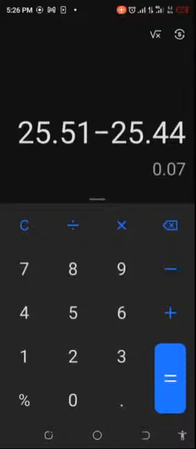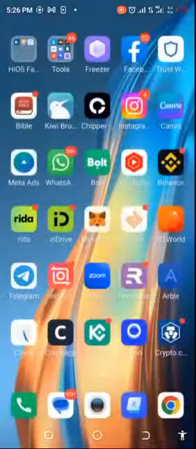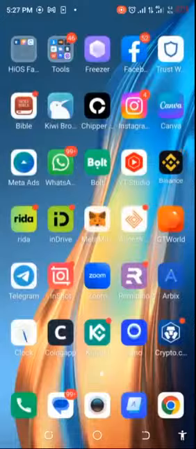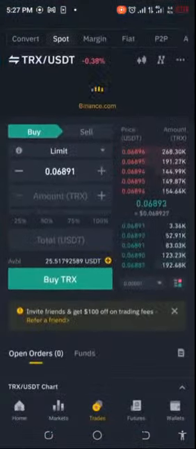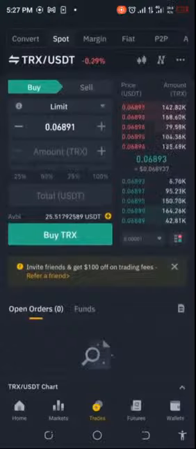Now, why is this amount a little bit on the small side? It's because I'm using a small capital and the transfer fees are the same. The trade fees are different, but the transfer fees remain the same. So for instance, if I use $200, by the time I'm coming back, I will pay the same 1 TRX for $200 worth of TRX, and it's the same 1 TRX for $25 worth of TRX.